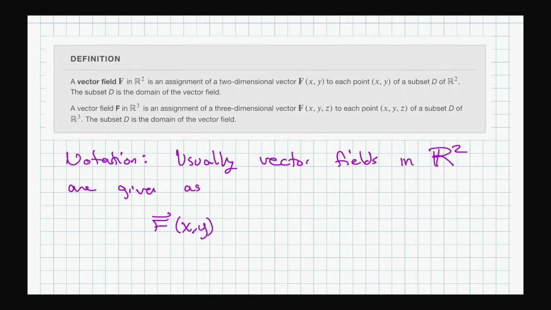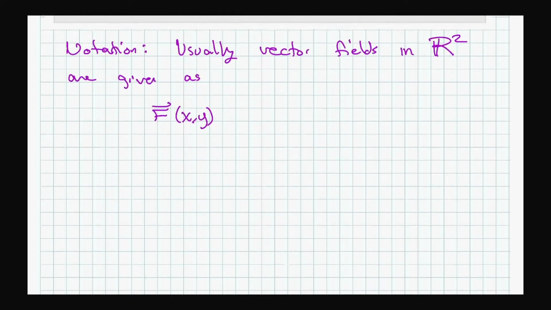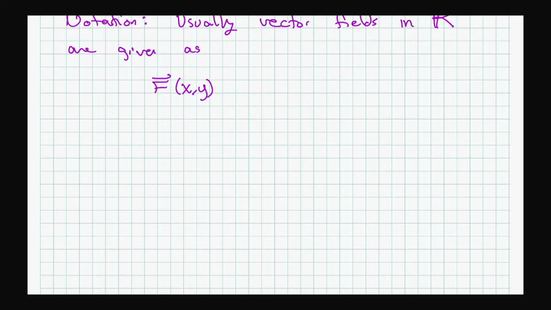You'll say F, it's a vector, so you put the vector symbol over the function name. The input is two variables because, as the definition says, you take in two variables, x and y. And then how are you going to describe the output? Well, the output is a vector. So two input variables, and then the output is a vector.